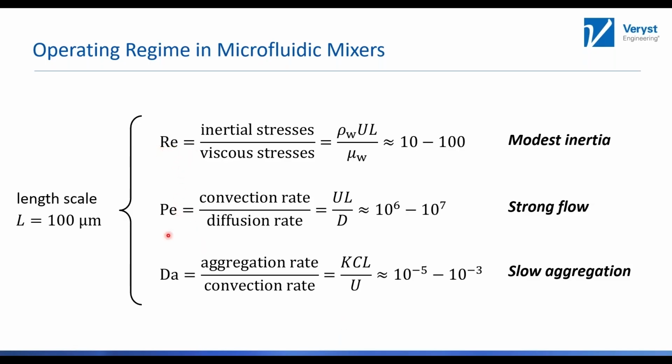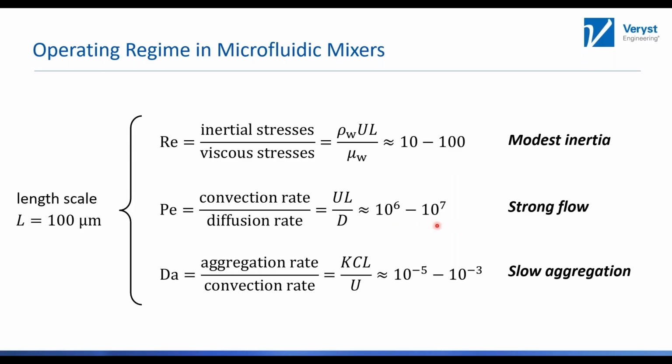Three of them are the Reynolds number, the Peclet number, and the Damköhler number. And these characterize the relative importance of inertial stresses, diffusion, and also the rate of aggregation, respectively. For typical parameters used in microfluidics, typically you're working in a modestly inertial regime and sometimes a strongly inertial regime, as Matt will discuss. Oftentimes, convection is much stronger than diffusion.